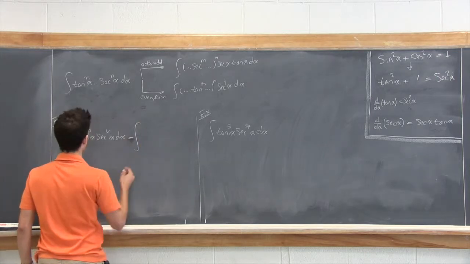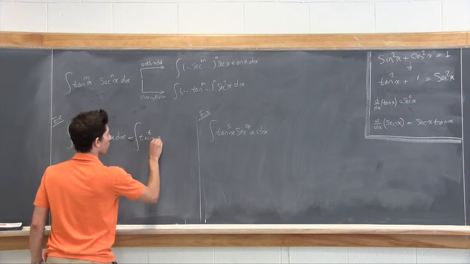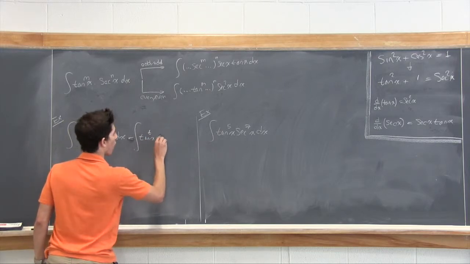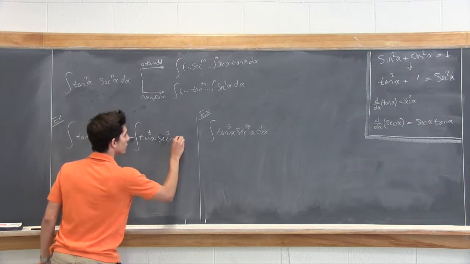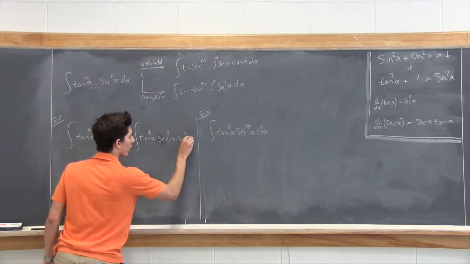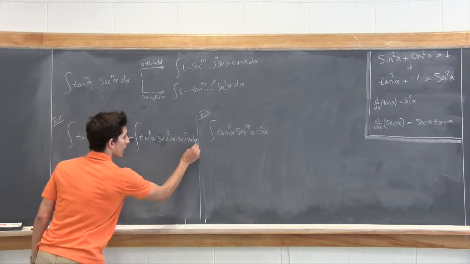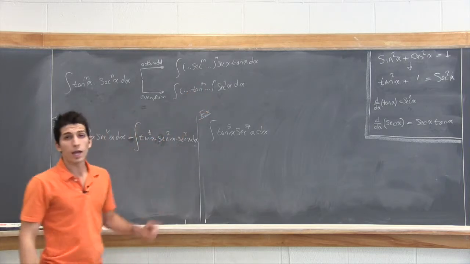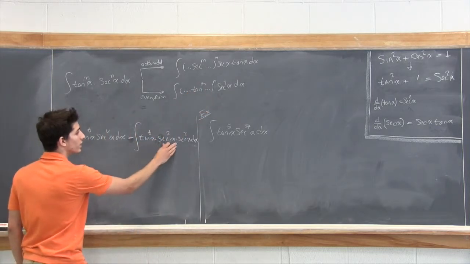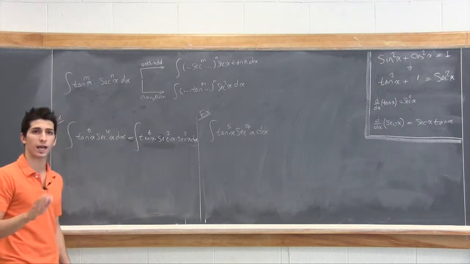I'm going to write this again, except I'm going to break up the secant to the 4th x as secant squared x and secant squared x. So now this is exactly what I want. I have a secant squared x dx. Now all I need to do is get this stuff to be only in terms of tan.